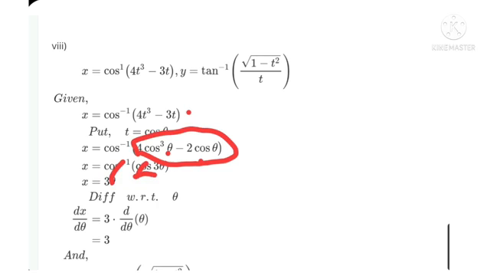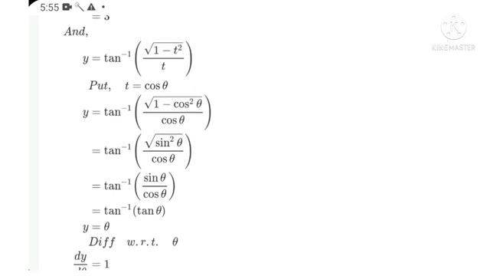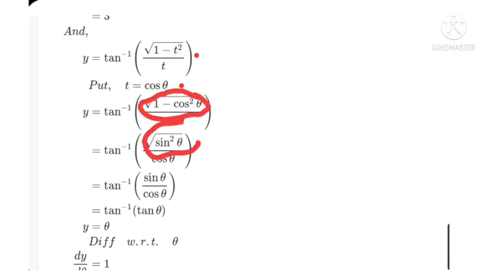Differentiate with respect to theta, we get dx by d theta is equal to 3 into d by d theta of theta, that is 3. Similarly, we write y. y is equal to tan inverse root 1 minus t square upon t. Put t is equal to cos theta, we get y is equal to tan inverse root 1 minus cos square theta upon cos theta. 1 minus cos square theta is sin square theta.